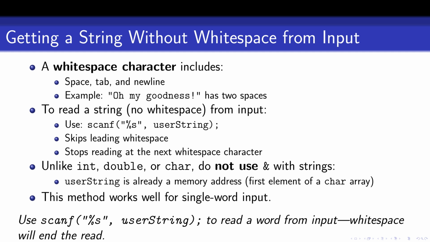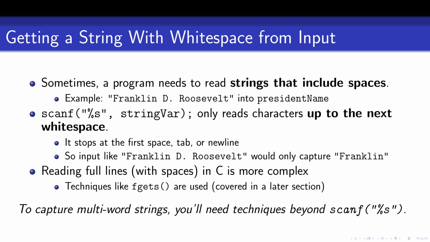This distinction between value types and address types is crucial in C, and becomes even more important as you move into functions and pointers. A limitation of scanf("%s") is that it stops reading at the first whitespace. That means if a user enters a name like Franklin D. Roosevelt, only the word Franklin will be stored. This is a problem when your string needs to include spaces, such as for full names, addresses, or full sentences.